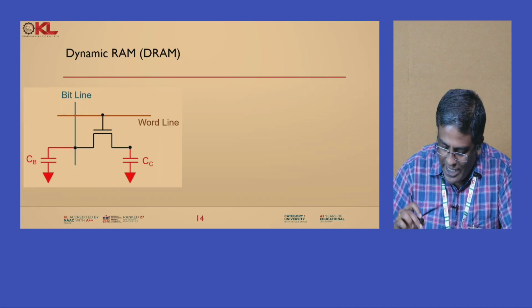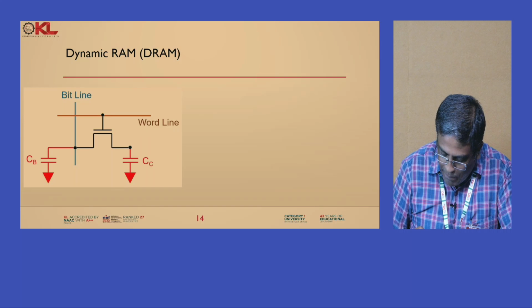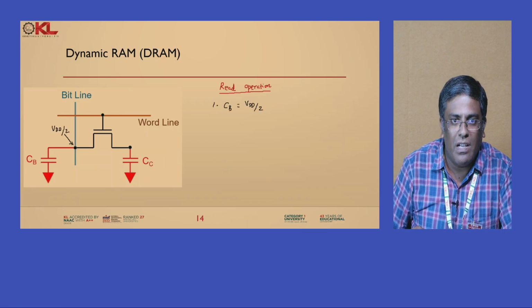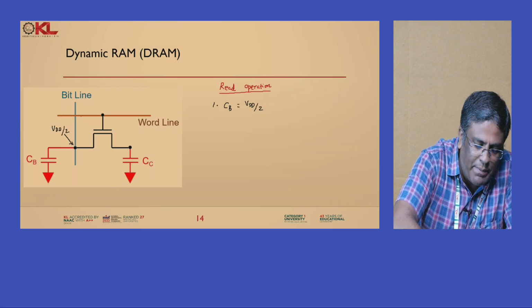So let's see how we can do this DRAM operation. We can recap it very quickly, since we already analyzed how to do the read and write in SRAM. To do the read operation, the pre-charge capacitance CB has a voltage value of VDD by 2.